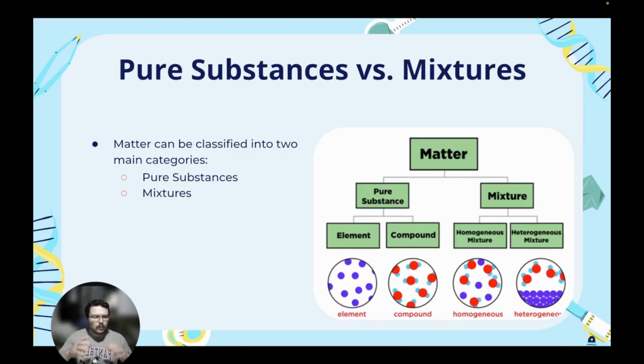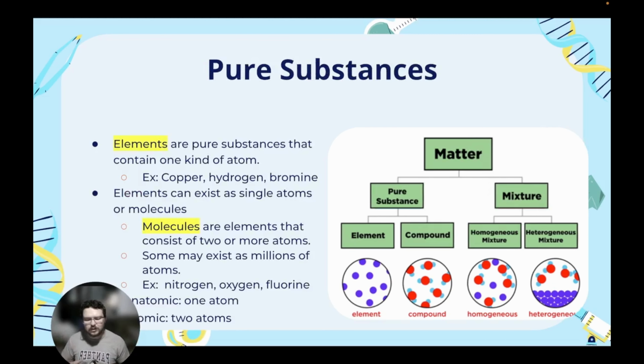Now, what we were talking about the last time we met was that we classify these different types of matter, these different atoms, in two main groups: pure substances versus mixtures. Okay? And these pure substances are basically elements that contain one kind of atom. So an example would be just copper, or just hydrogen, or just bromine, or just chloride. Those are what we call elements.